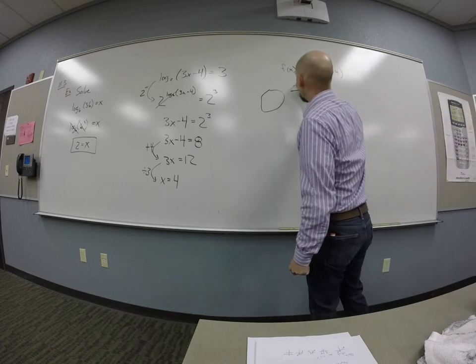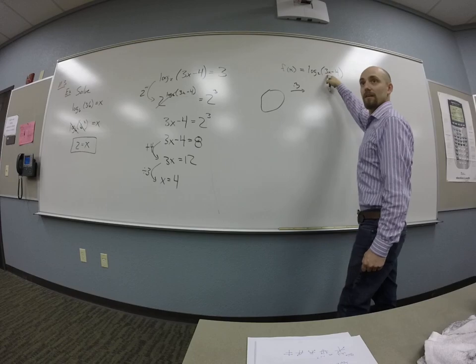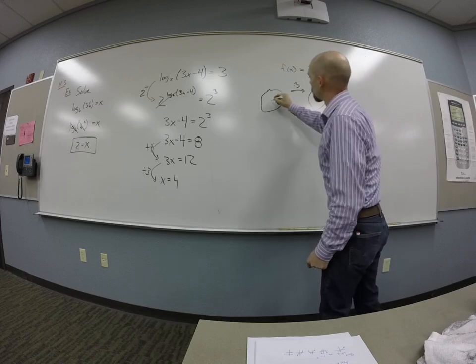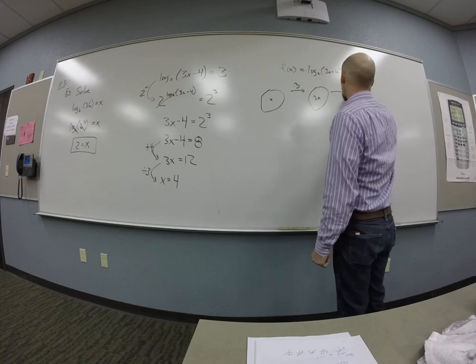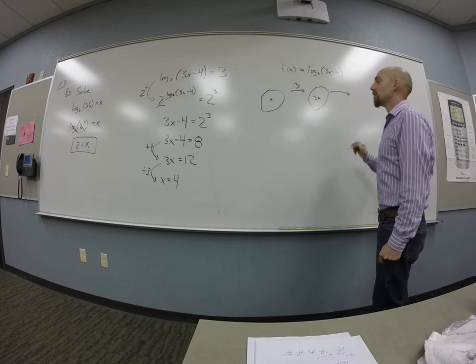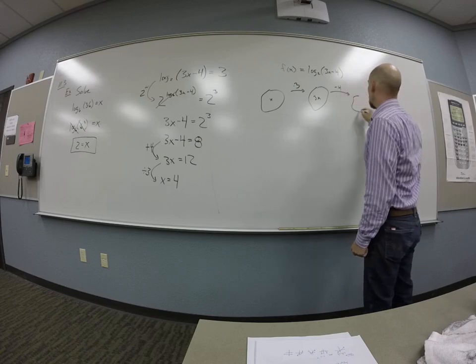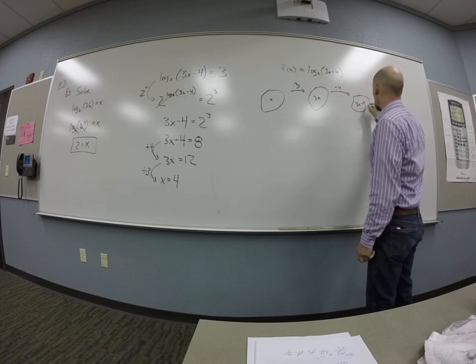Multiply by 3. So I started with an x, that gets me to 3x. Then I subtract 4, that gets me to 3x minus 4.